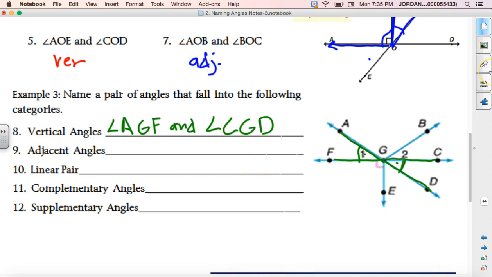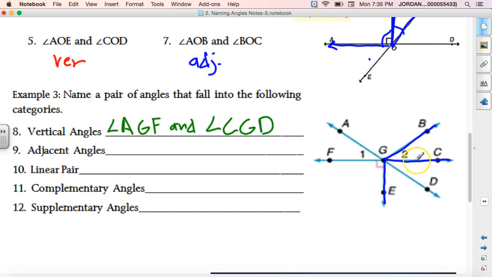Okay. So adjacent angles. Any two angles that are side by side. Any two angles that share a side will work. So all I got to do is pick a side. Let's say we use this side. Doesn't matter. Alright, so then the angles that share that side could be this angle and this angle.